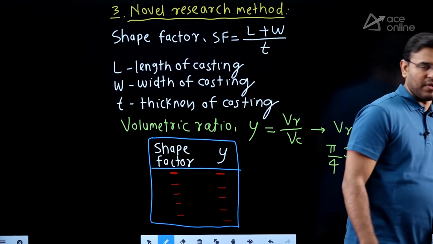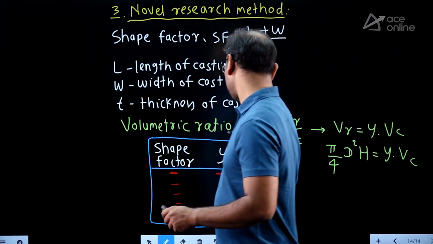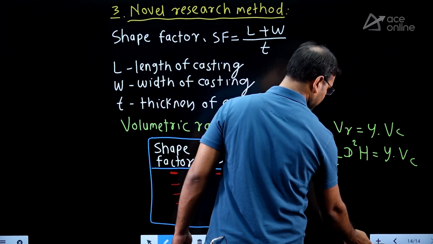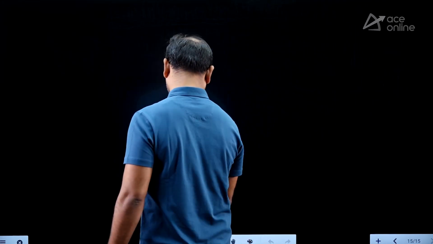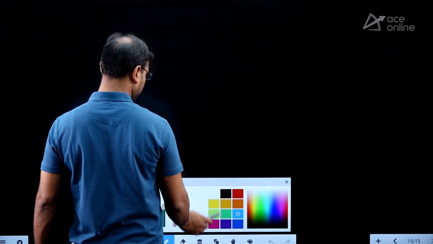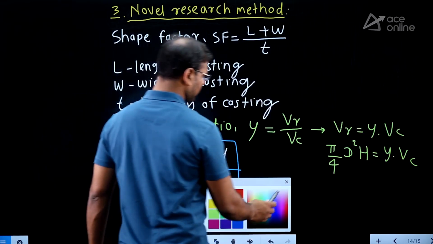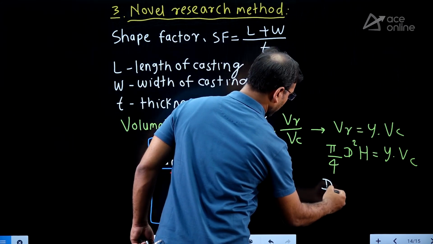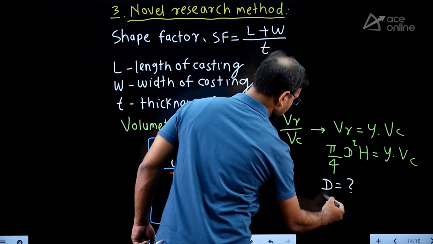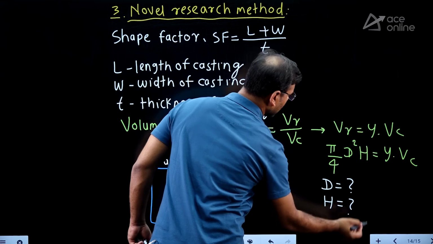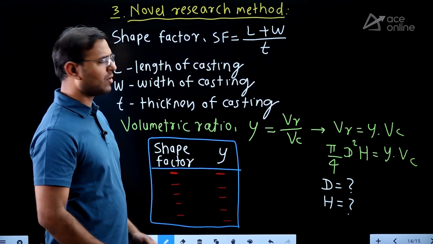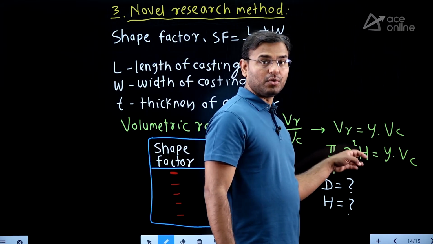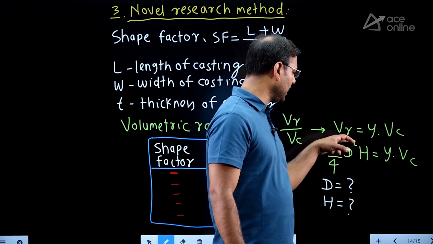Okay, but where can we get that value? The shape factor values we can get from the design data book. Okay, then guys, we can get all the values here and calculate the value of D and H. Then according to top riser or side riser: if it is a top riser, then we put the height H equal to D by 2, then it will be pi by 4 D cube by 2.